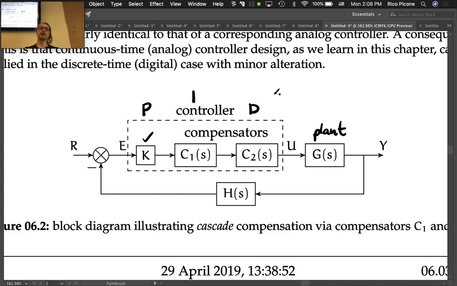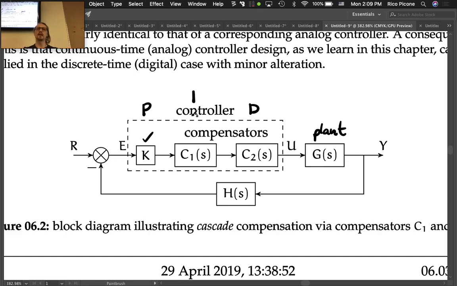So we would then have a PID controller. So the controller is comprised of the proportional gain and the compensators that you include as well. When I say add on, what I mean is include as well. I'm not talking about mathematically adding. We're actually mathematically concatenating in a multiplication in the Laplace domain.